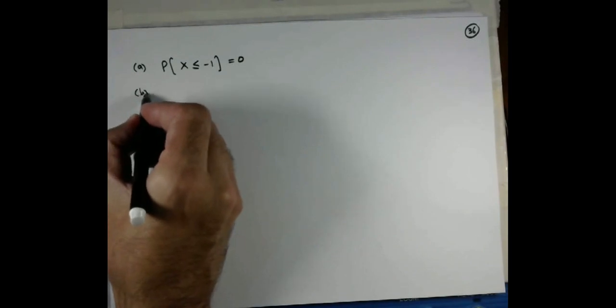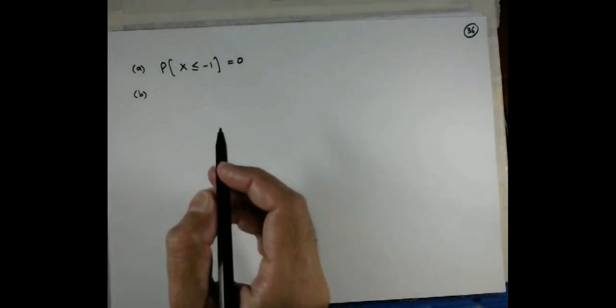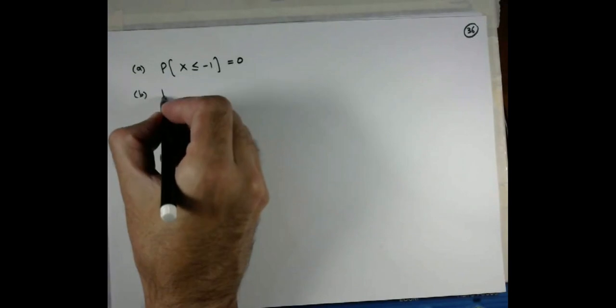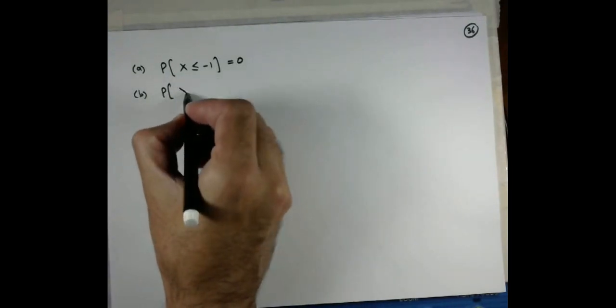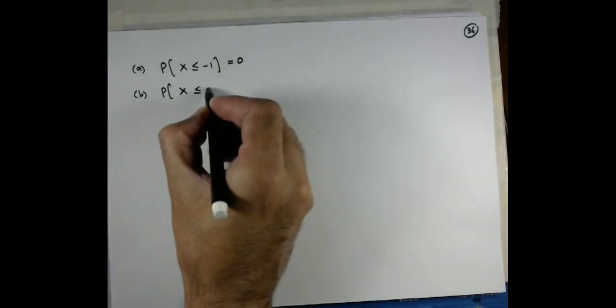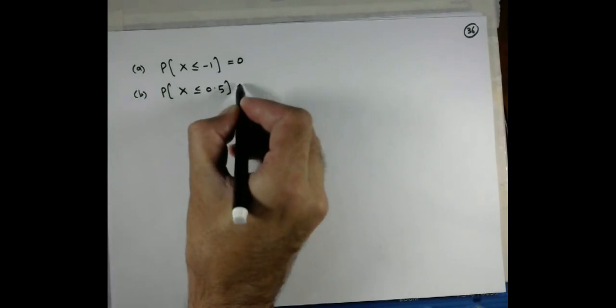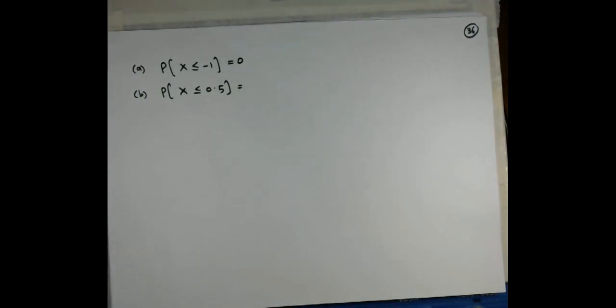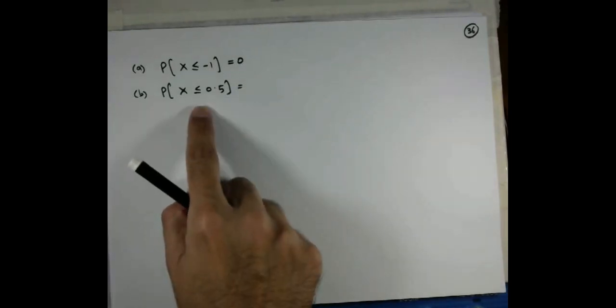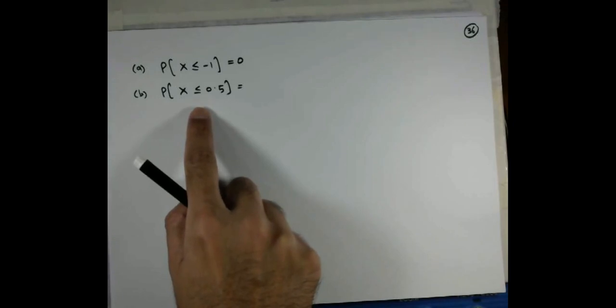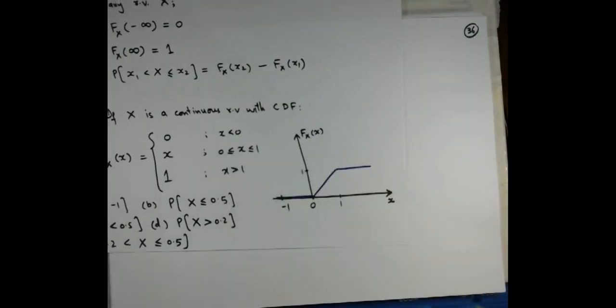Part B, what is the probability that x is less than or equal to 0.5? The probability that x is less than or equal to 0.5 can be very easily obtained from here.